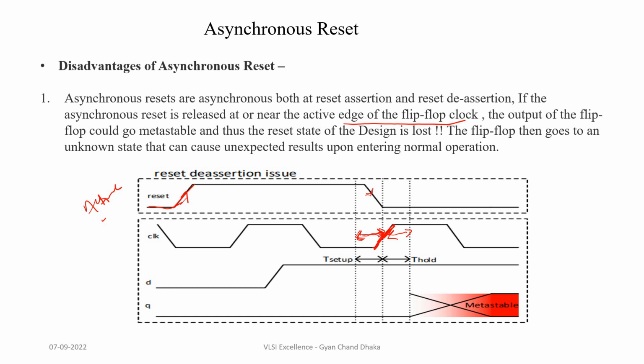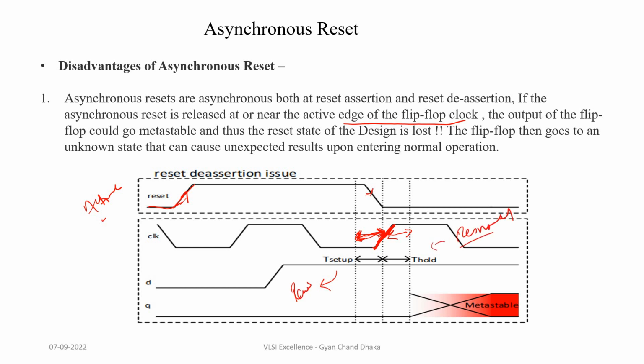So we cannot determine what the flip-flop output will be if the reset changes in this window. In normal flip-flops with data timing paths, we called it setup and hold. Here also, let's consider it setup and hold for now, but these windows have different names with asynchronous signals: this is called recovery time and this is called removal time.